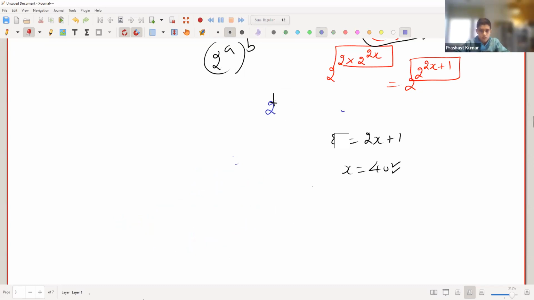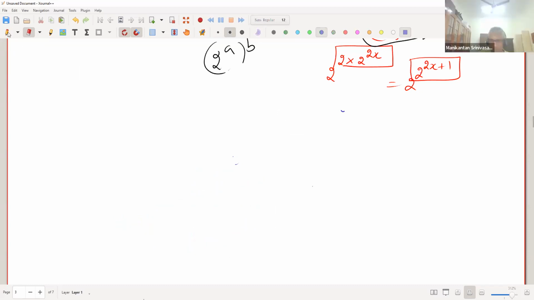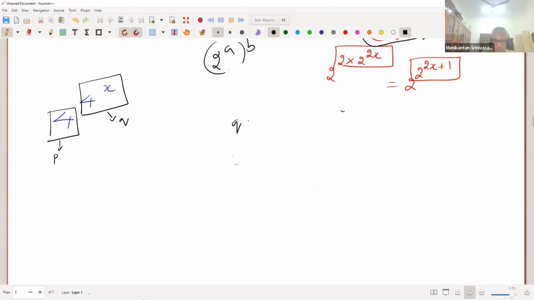All right. One more time. Pay attention, guys. It's not difficult. You just have to be careful. So the right hand side is the confusion, right? 4 power x. Now I'll break it down into two parts, this part separately and this part separately. I'll call this portion P and this portion Q. First let me simplify what Q is.